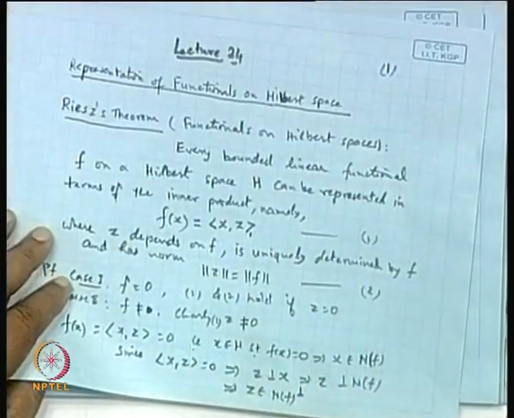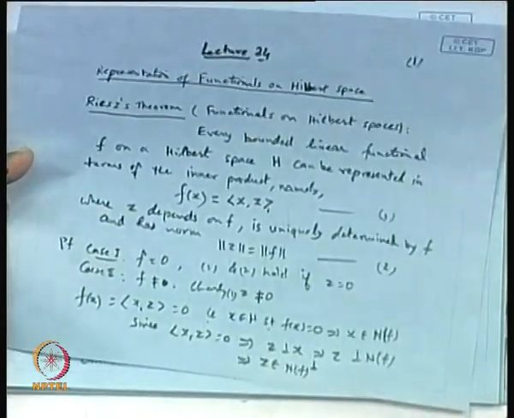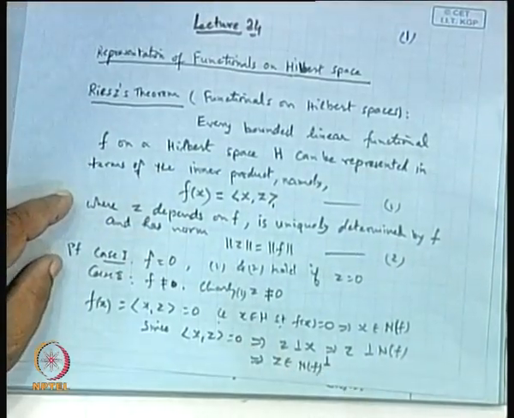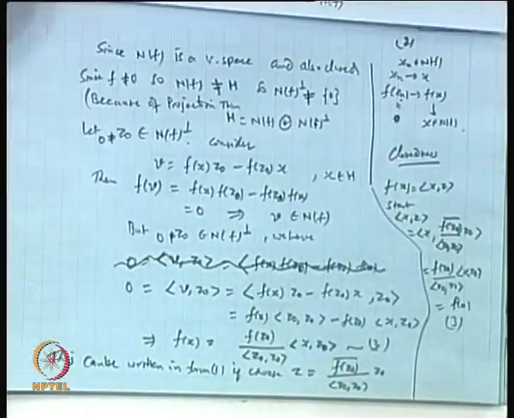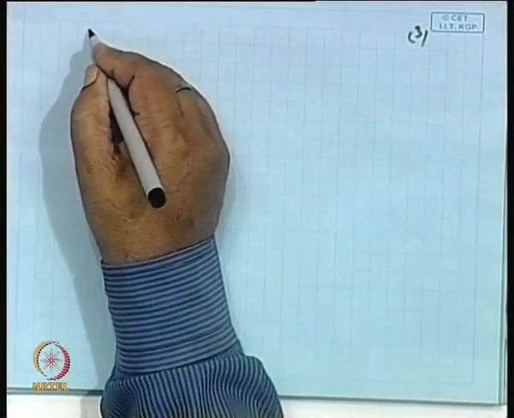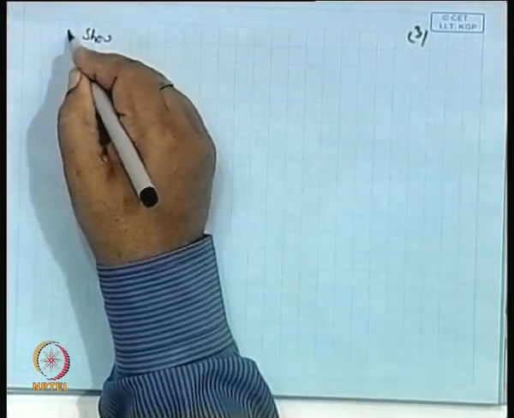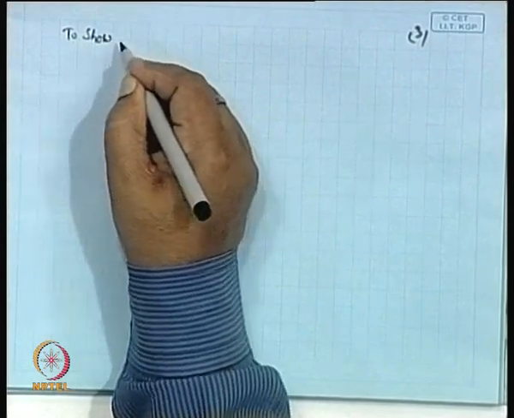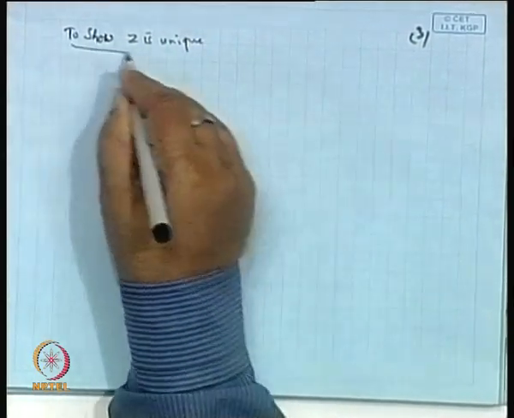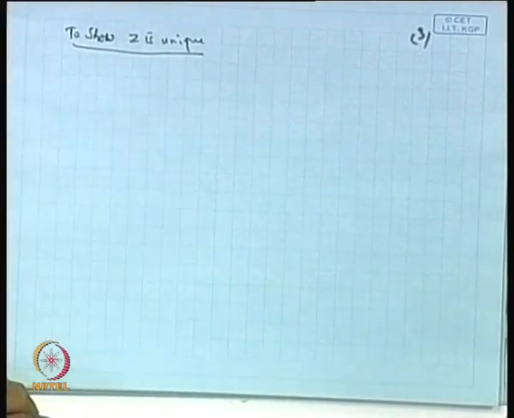Is it okay? Now, the second part which we want to show is that this z which you are getting is unique. So the second is to show the uniqueness, to show z is unique. Suppose we do not have the uniqueness.